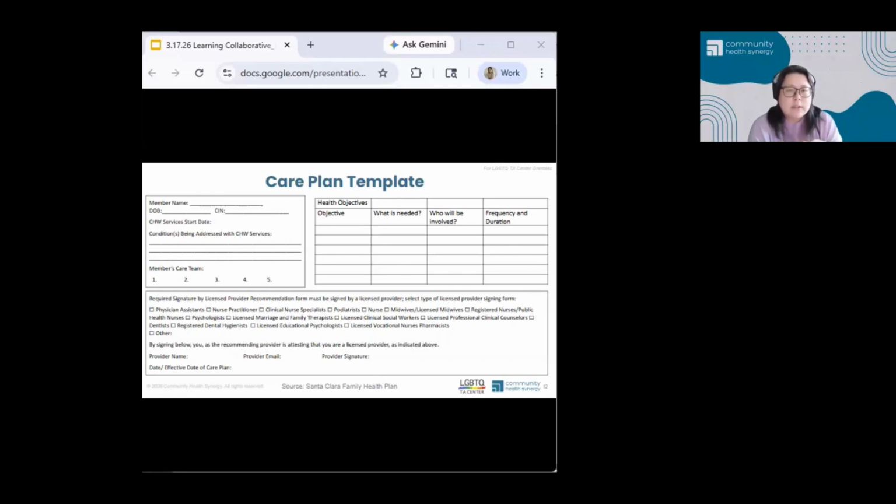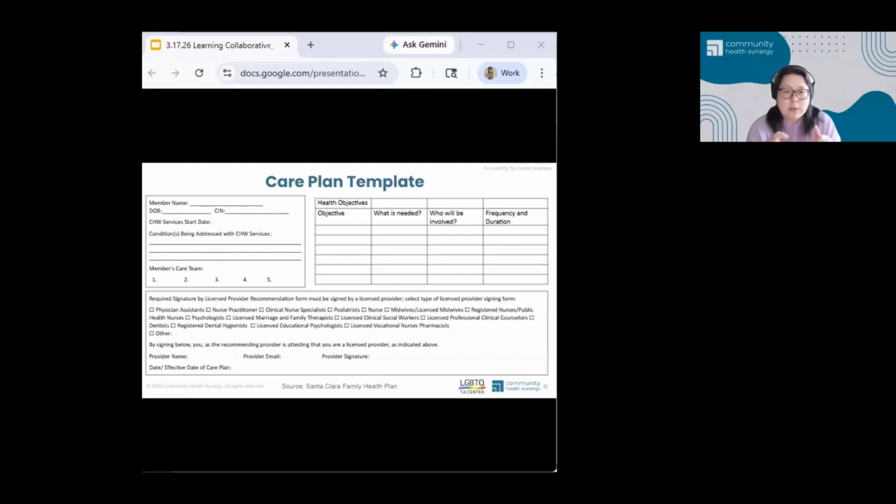Here you can see the key components: the name, date of birth, identification number, when services started, the conditions being addressed with CHW services, and who the care team members are. Here you can document specific health objectives, what's needed, who's involved, and the frequency and duration of those objectives.